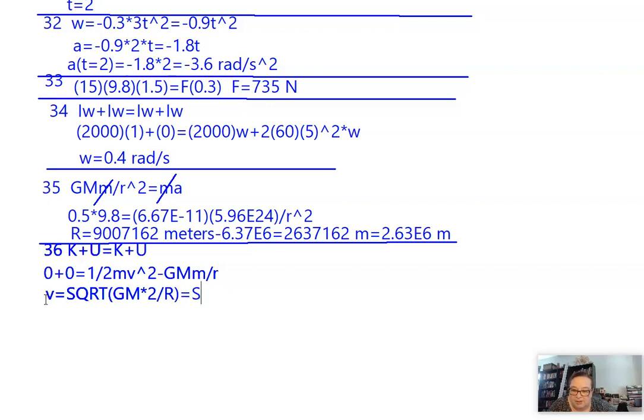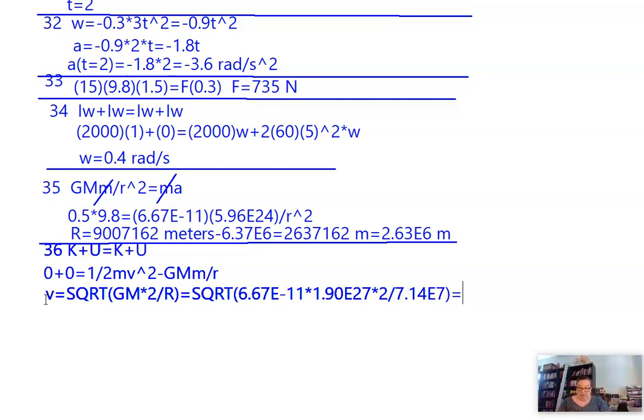So if I plug in the square root of G, which is 6.67 times 10 to the minus 11, times the mass of Jupiter, which they've given us as 1.90 times 10 to the 27th, times 2, and then divided by the radius, which is 7.14 times 10 to the 7th meters, we should be able to get our answer.